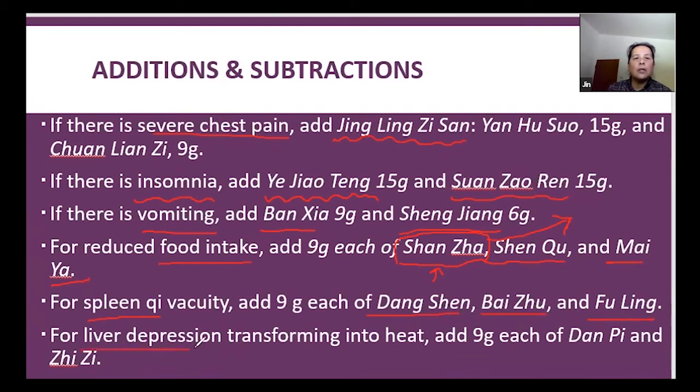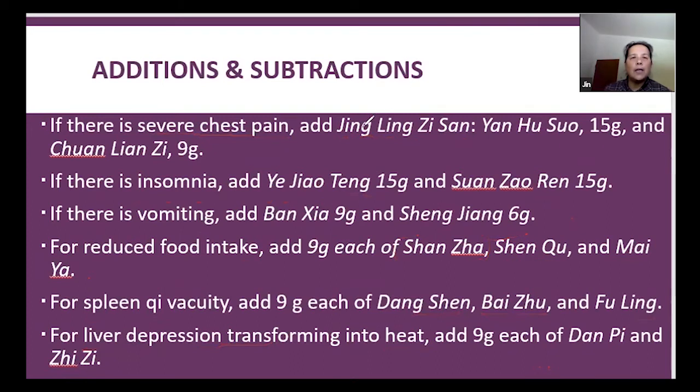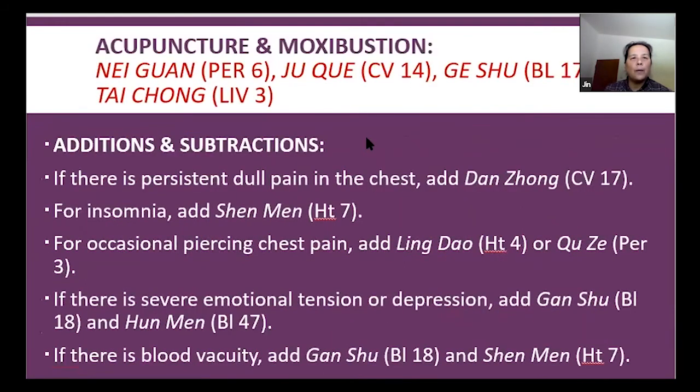And for liver qi stagnation that tends toward heat, we need some herbs that clear heat. 丹皮 is the same as 牡丹皮, usually we call it 牡丹皮, and 栀子. We say 栀子 clears heat in the three jiao: upper jiao, middle jiao, lower jiao. So those are the modifications for the herbal formula.